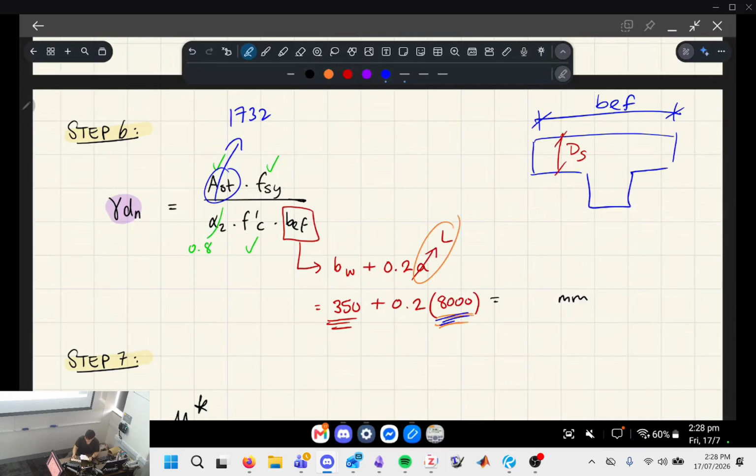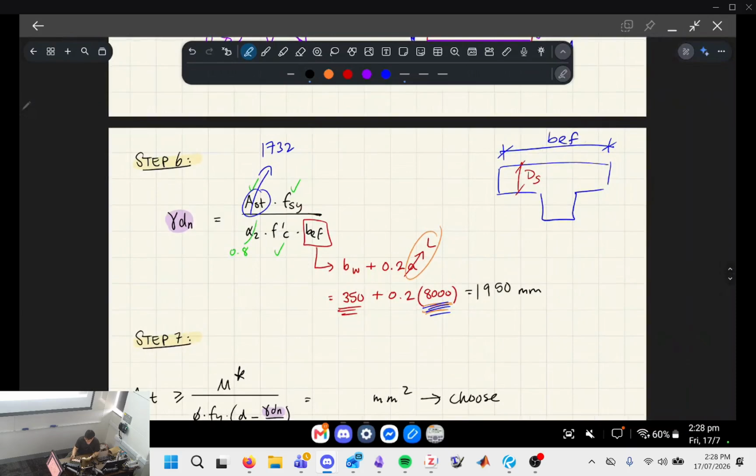But in the solutions to this question, they've decided to do it as L. I would have done it as 7,400 personally. But okay, so BF becomes 1950 millimeters. That's what we plug in to find the depth of the compressive concrete, okay?